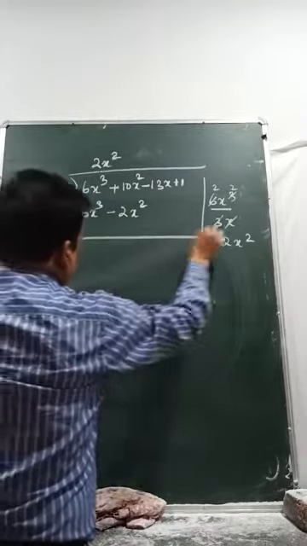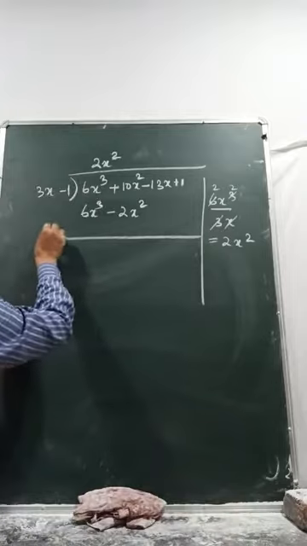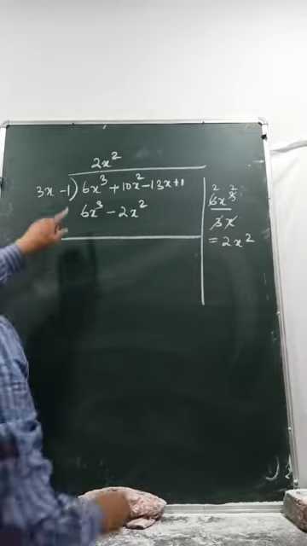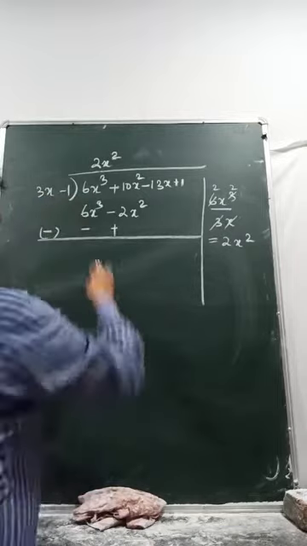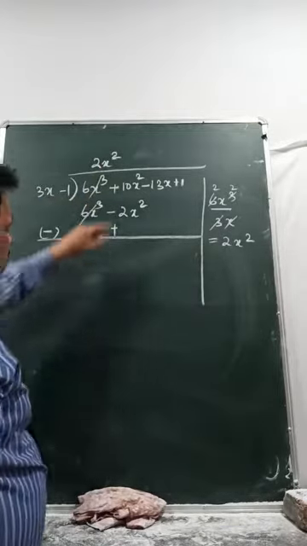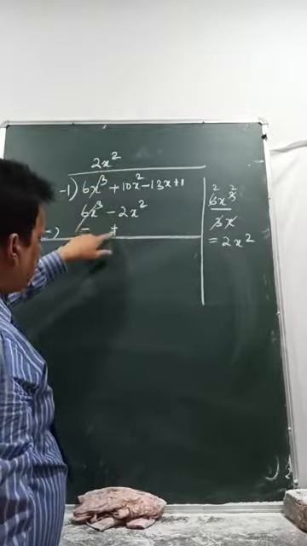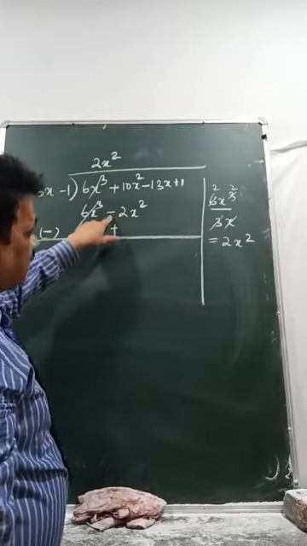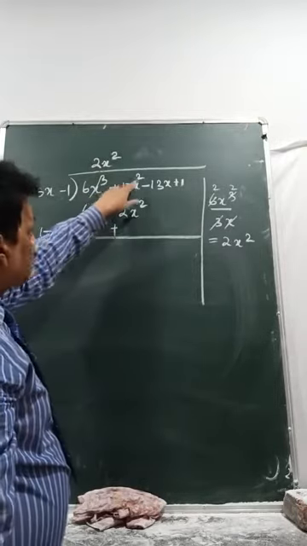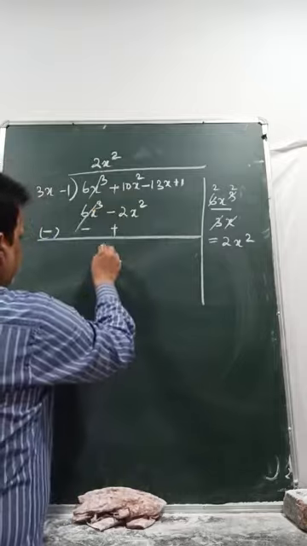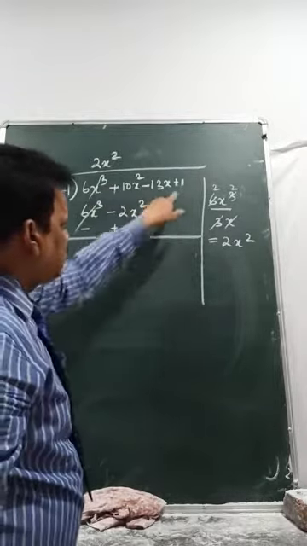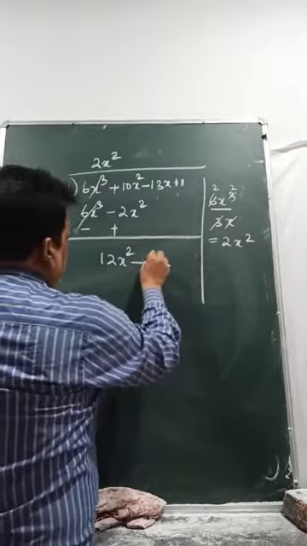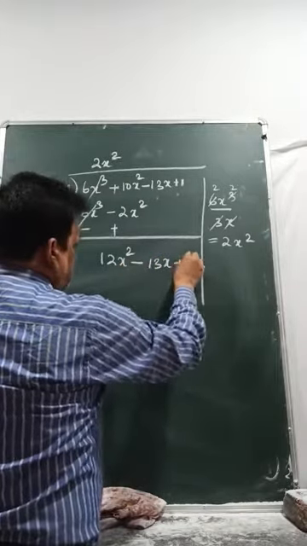Now I have to subtract. If you subtract, this will be minus, this will be plus. So this is cancelled. Now 10x square plus 2x square is 12x square. Then these two come down: minus 13x plus 1.